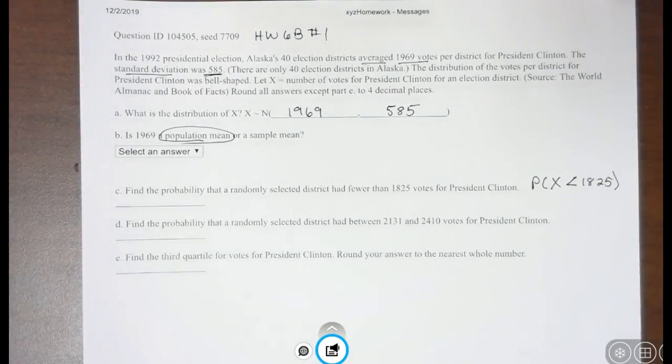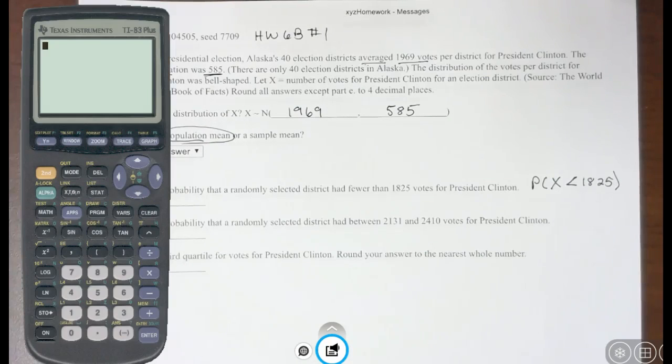So I'm going to use my calculator to figure this out. I'm going to go to second vars, and this brings up several distributions. Remember, this one's a normal, so I have a normal CDF. Highlight it, enter. And this is the TI-83, so it's a little older.